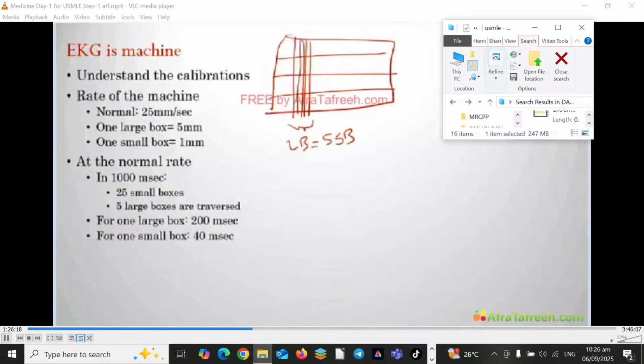Each large box is 5 millimeters. This is what it says. Each large box is 5 millimeters. And a normal speed of an EKG is 25 millimeters per second. So in 1 second, it moves 25 millimeters. That means it moves 5 large boxes. Clear? If it moves 5 large boxes in 1 second, how many large boxes will it move in 1 minute?